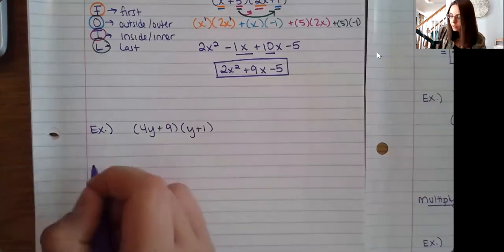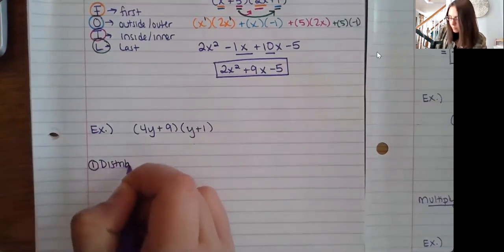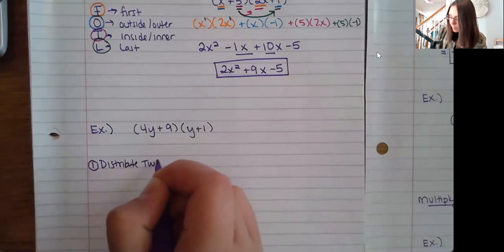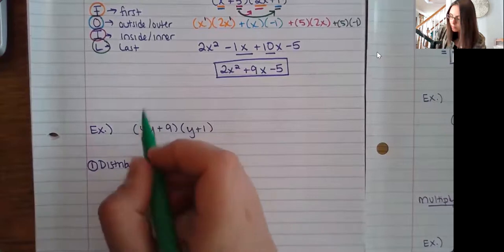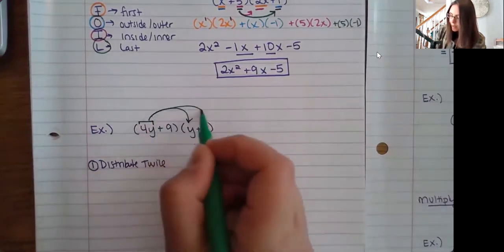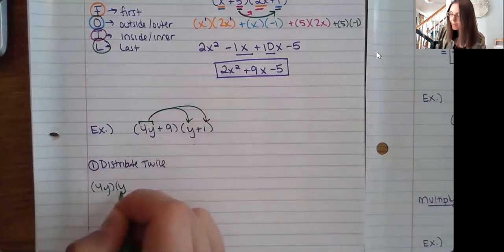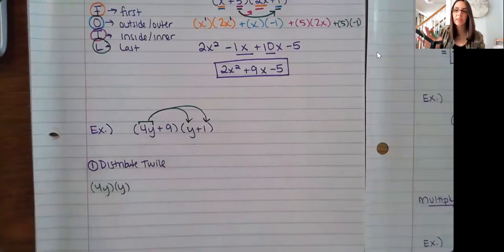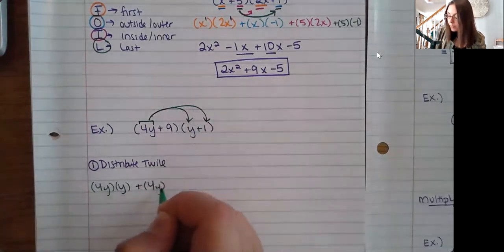So if I want to use the first strategy and just distribute twice, it's going to look like this. So I'm going to start with my first piece here, that 4y. I'm going to distribute it to the second set of parentheses. So it's going to be 4y times y. Now everything is already a plus sign, which just makes it a little bit easier. So if I have subtraction, I do tend to like to do the adding a negative here, just so I don't lose that negative. But I don't have to worry about that for this one.